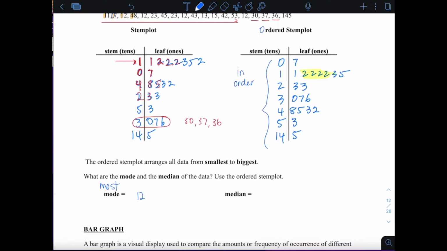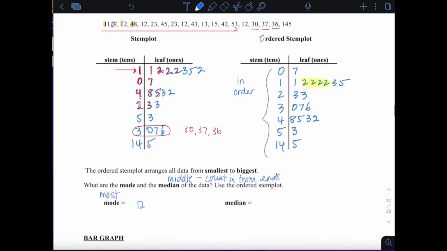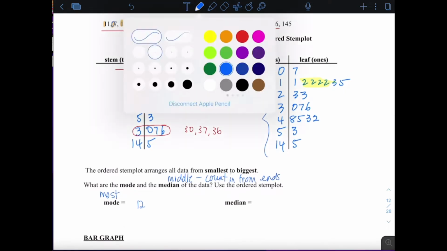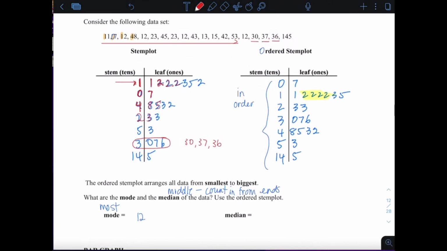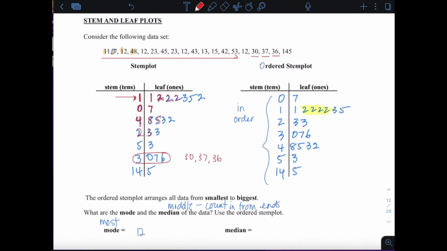Okay, what about the median? If you recall, the median is the middle of the data, okay? So you can count in from the ends. How might I do this? Well, if I know how many numbers I have, let's count that. 1, 2, 3, 4, 5, 6, 8, 9, 10, 11, 12, 13, 14, 15, 16, 17, 18, 19.